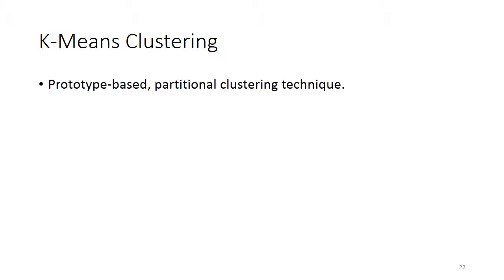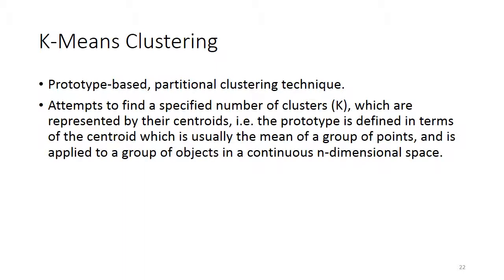So next we're going to go on to k-means clustering, which is a prototype-based partitional clustering technique. It means that we are comparing the distance to a center or centroid, and each point belongs to one cluster.